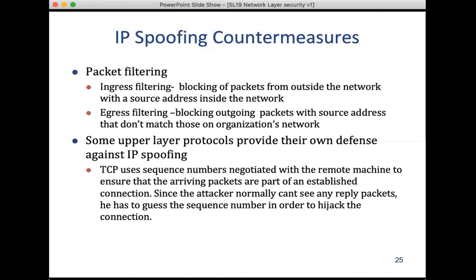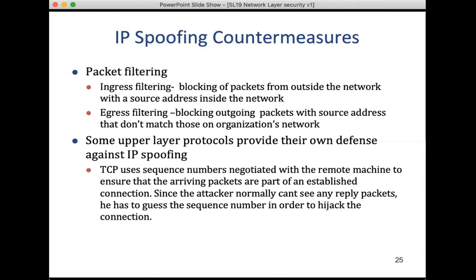Similarly, egress filtering can be done. It means that if somebody from inside the net is sending a packet to outside with an IP address that does not belong to that subnet, then obviously one can find out there's something wrong happening. And then there are some higher layer protocols to find out this kind of spoofing. For example, TCP uses sequence numbers. Note that TCP data will sit inside an IP packet, right?